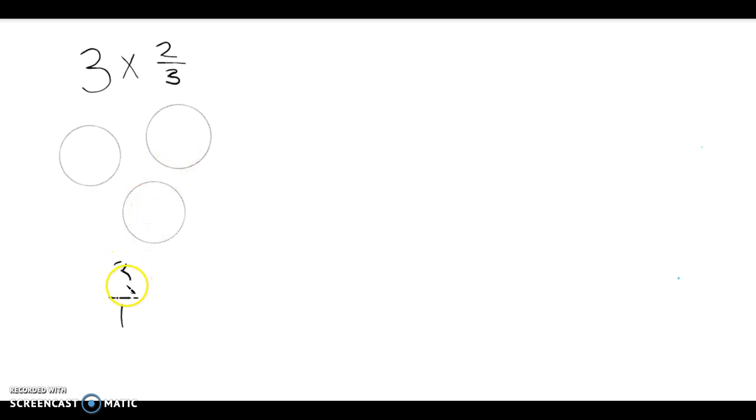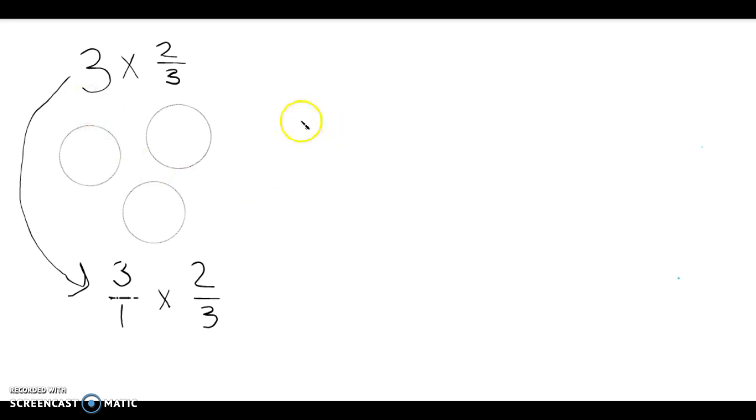Well, you have 3. Okay, and then I could copy down my problem and continue on solving because I've changed the 3 into 3/1. When you read it out loud, it still sounds the same. 3 wholes, 3 wholes. Same thing.